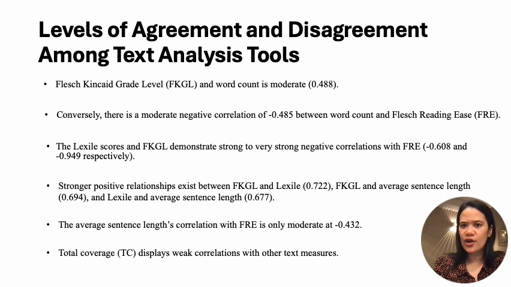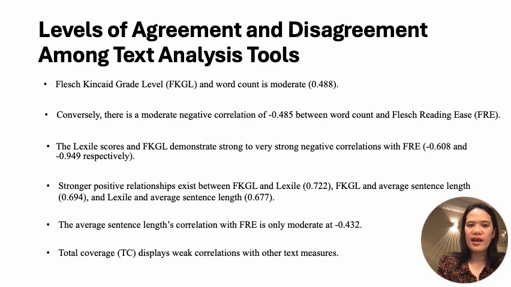But we can see here that Flesch-Kincaid grade level and Lexile have stronger correlation scores with average sentence lengths. This means that although earlier we thought that fewer words would mean easier texts, now we can say that sentence length is a better measure for text difficulty than word count.